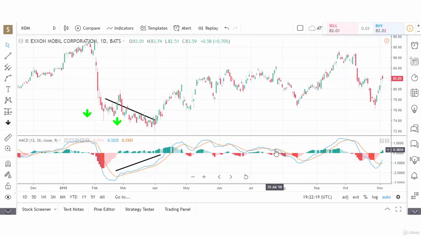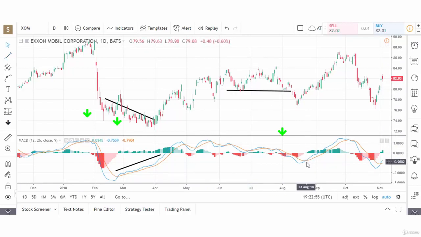It's above the zero line until a cross here back below the zero line. The stock continued to move up as the MACD was in bullish territory, and as the MACD moved below zero, we have the stock coming back down and breaking this support level.